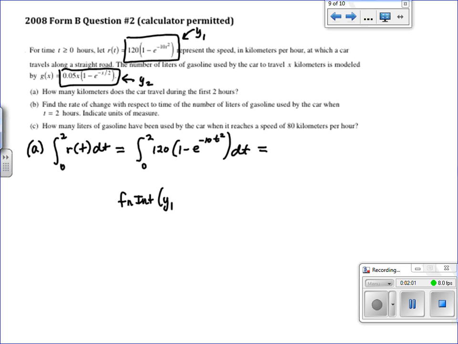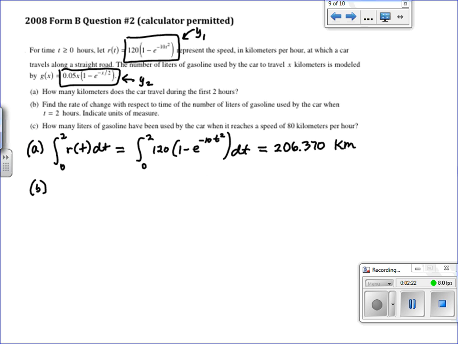Choose your function y, then y1, go from x equals 0 to 2, and you get an answer of 206.370. Always write your units. Your units are kilometers. Sometimes you get a point just for adding the correct units.